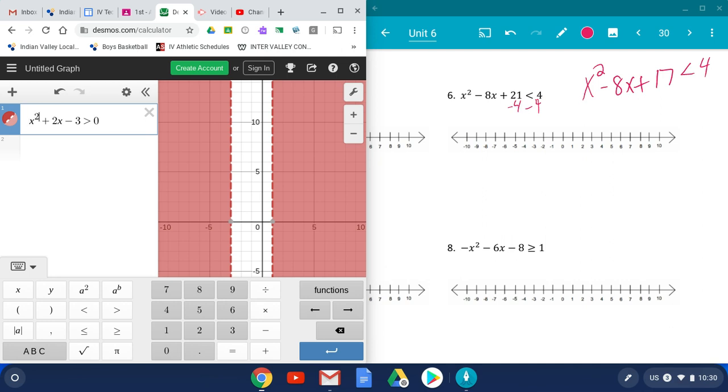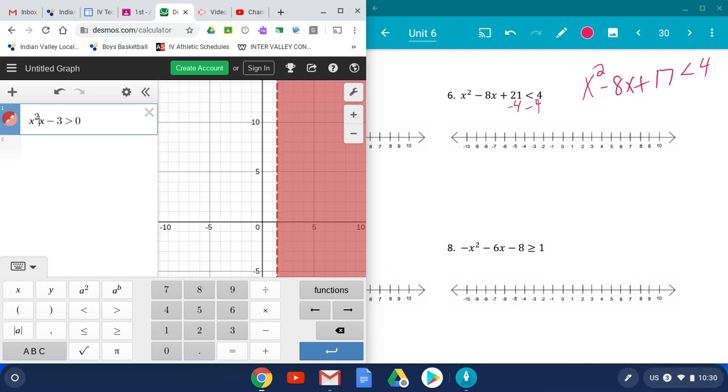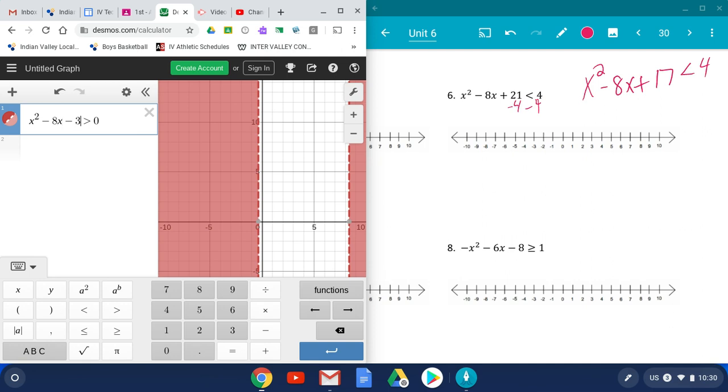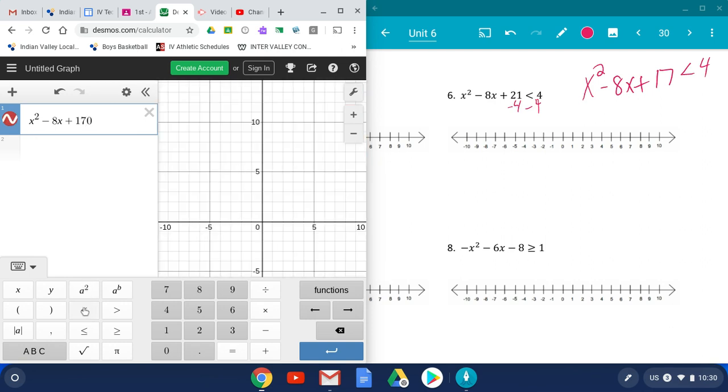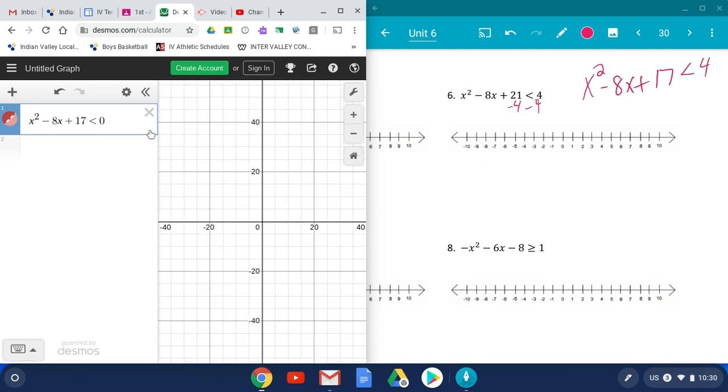X squared minus 8x plus 17 is less than 0. Uh-oh, it's all gone from my screen. Did I do something wrong? It's not 4, that's 0 up there, by the way.